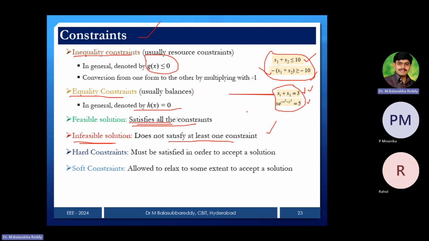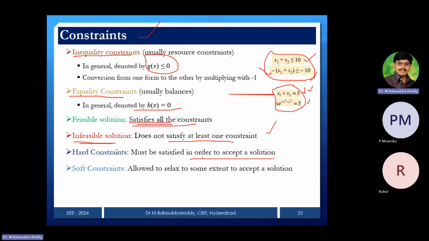Another distinction is hard constraint and soft constraint. Hard constraints must be satisfied in order to accept a solution. Suppose x1 plus x2 is equal to 10, then the x1 value and x2 value must sum to 10.